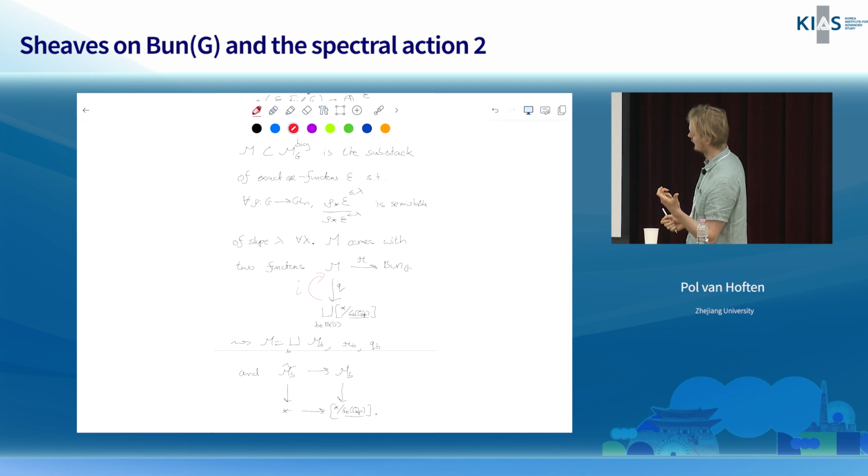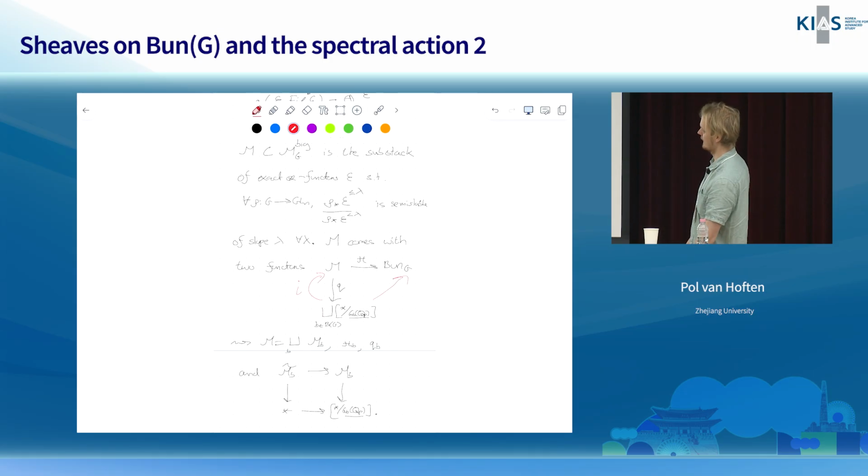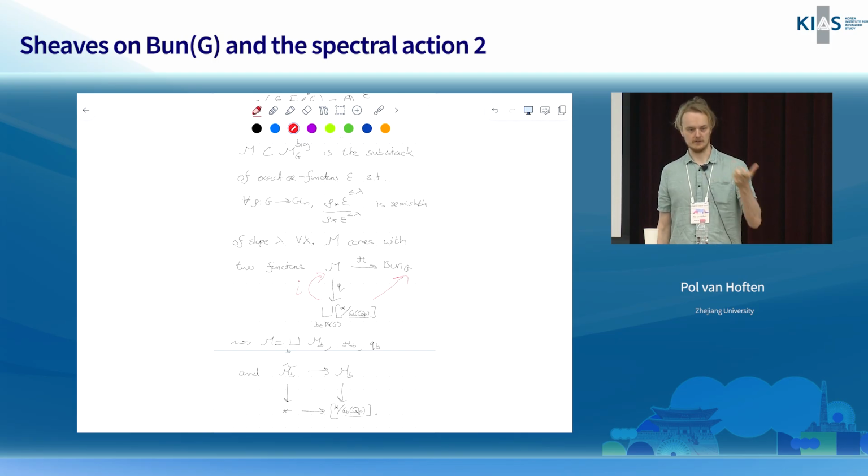And that gives me a map from point mod GBQP to M. And then you can ask what this map is. There's a map induced by the section, and it's the obvious one, which just takes a semi-stable vector bundle and considers it as a G bundle.